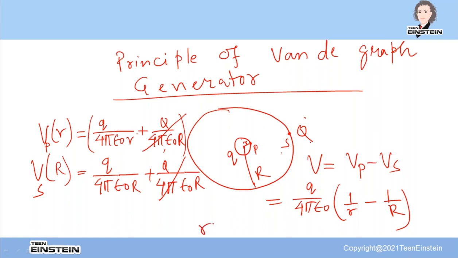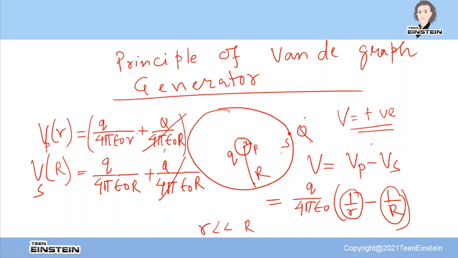So then what will happen? Charge will flow. So in which direction charge will flow? Charge always flows from higher potential to lower potential side.